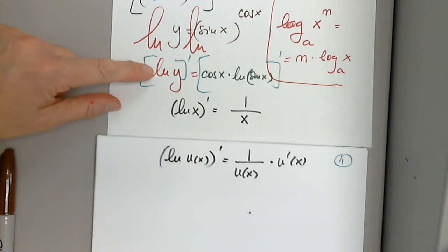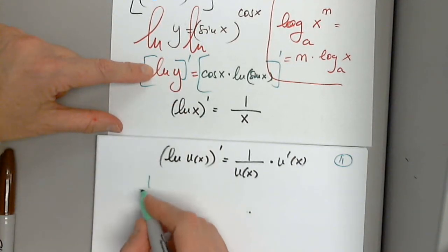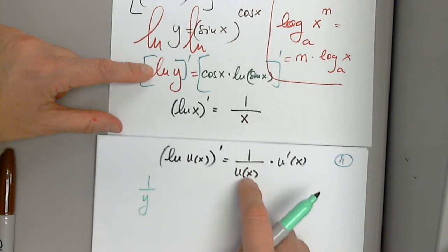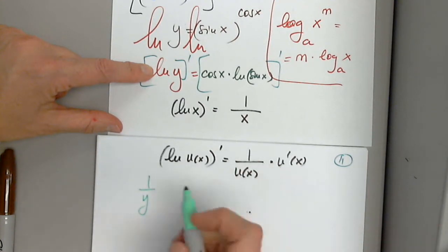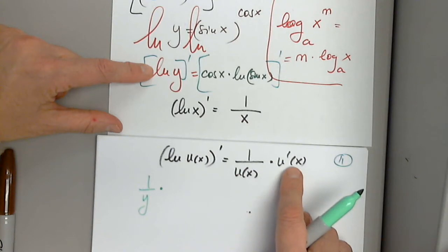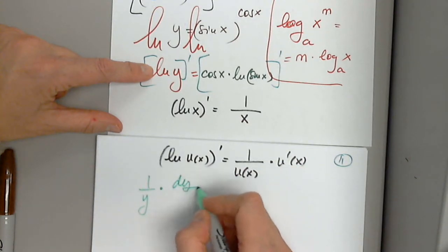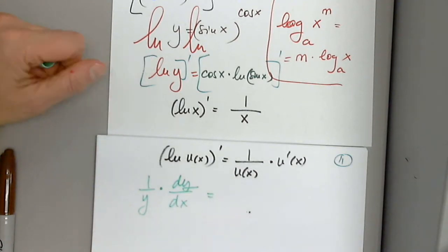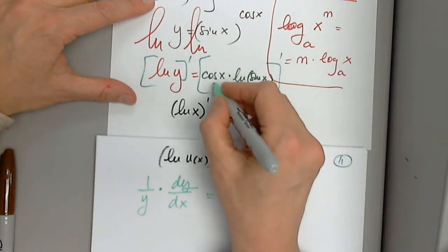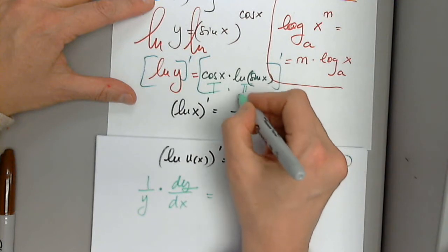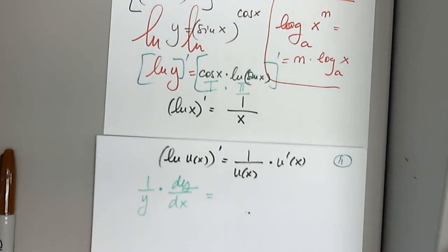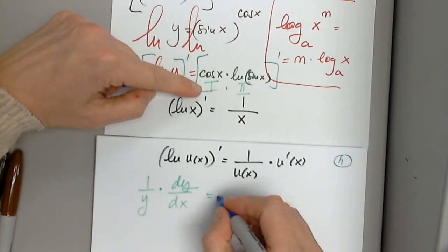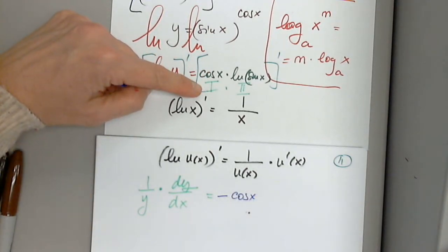The left-hand side, what will you write? 1 over y is this piece, because y is a function, times y prime. Very good. The right-hand side, let me caution you, this is a product of two functions. Cosine prime. The second function is with a negative, right?